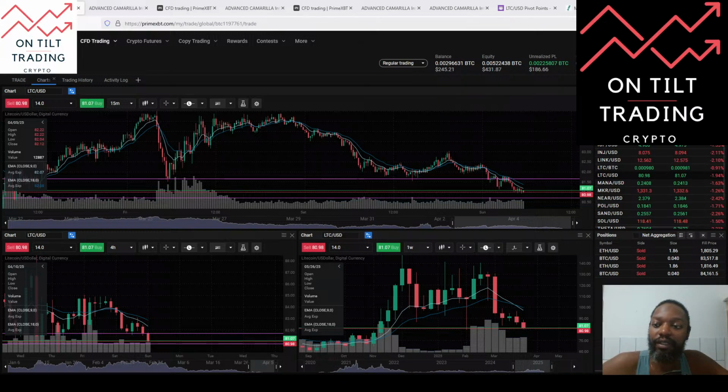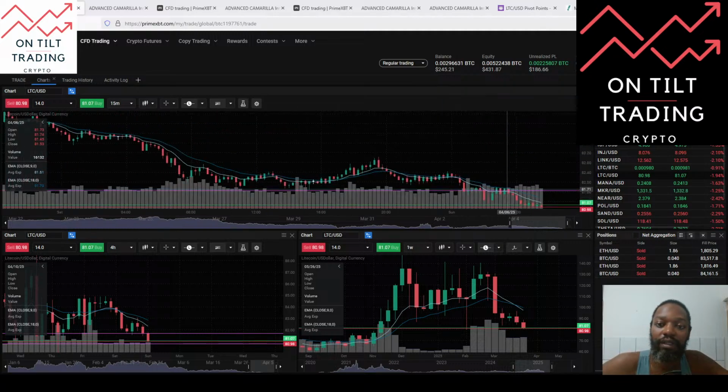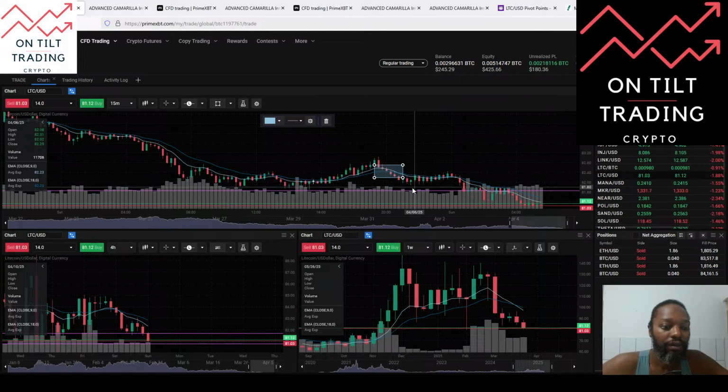into this area. And I can already see there are quite a number of fair value gaps in this area. So we can mark a few. There's one.